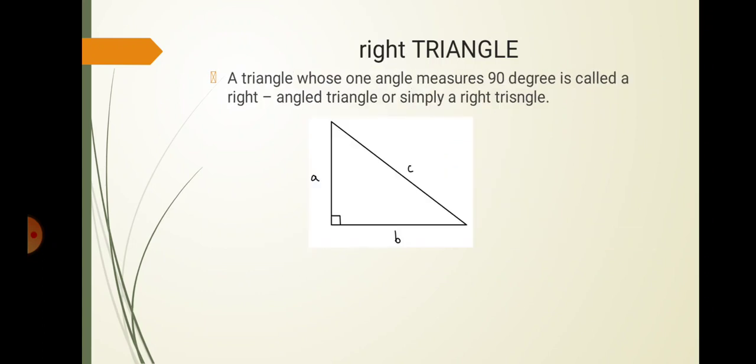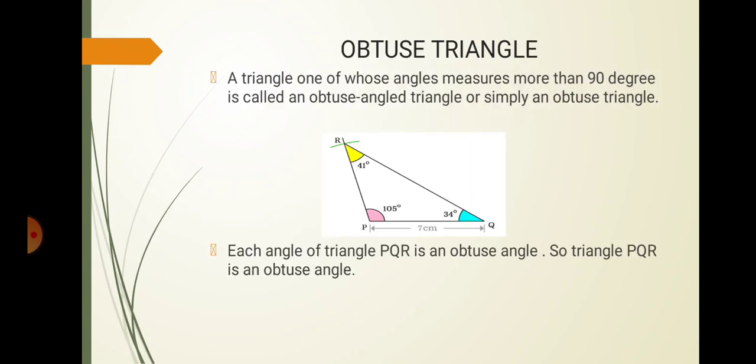Next, right triangle. We all know by the name itself that a right triangle will have a right angle. Our right angle is equal to 90 degree. Yes, very good. A triangle one of whose angles measures 90 degree is called a right angled triangle or simply a right triangle. If any one angle is 90 degree, then the given triangle is called a right triangle.